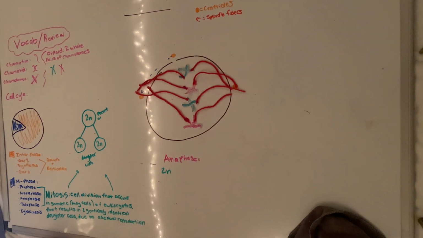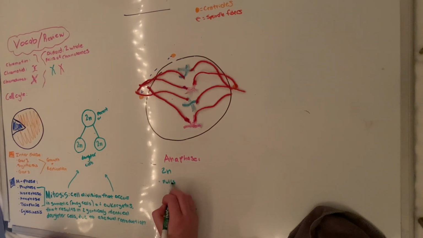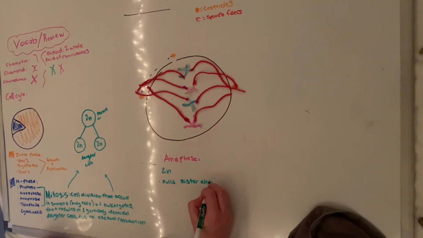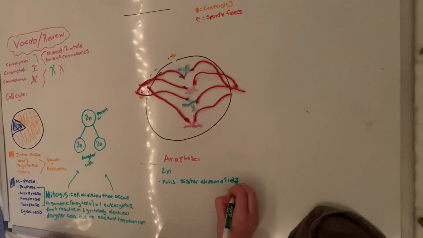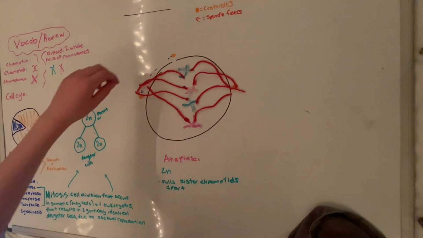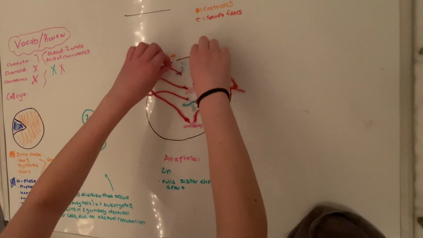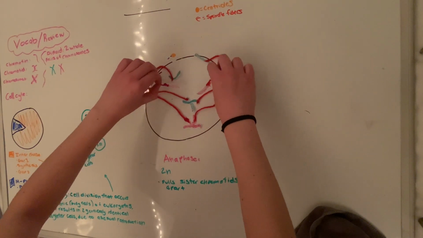So during this process, our DNA becomes 2N, and the sister chromatids are pulled apart. So these spindle fibers, remember, each centriole attaches to our chromosomes.